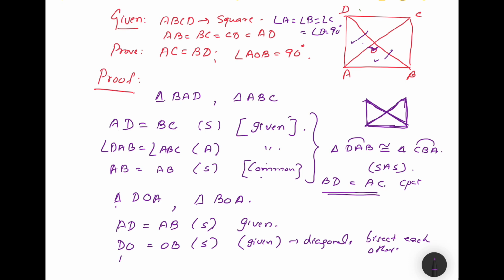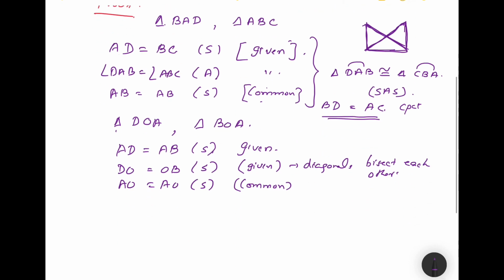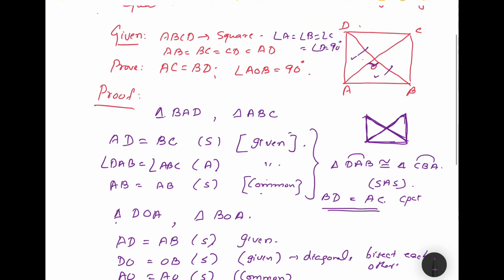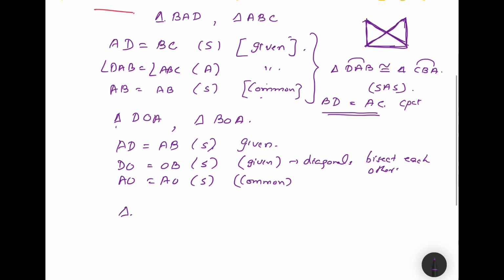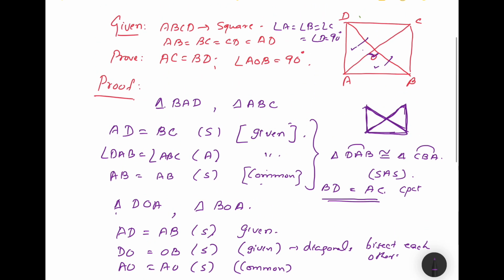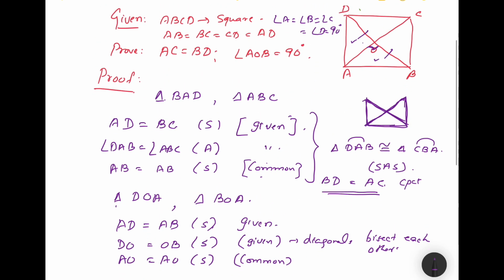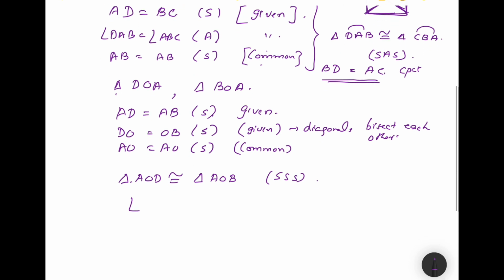And then you have AO equal to AO, common side. Therefore, triangle AOD is congruent to triangle AOB, SSS congruence. So, from this you can say angle AOD is equal to angle AOB, CPCT.